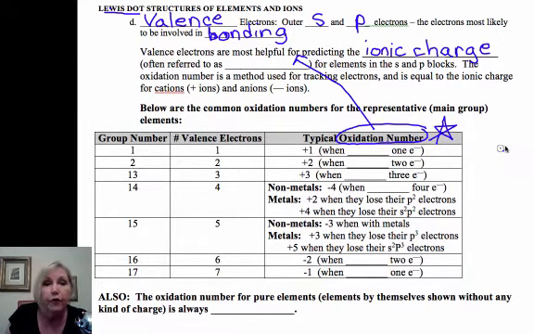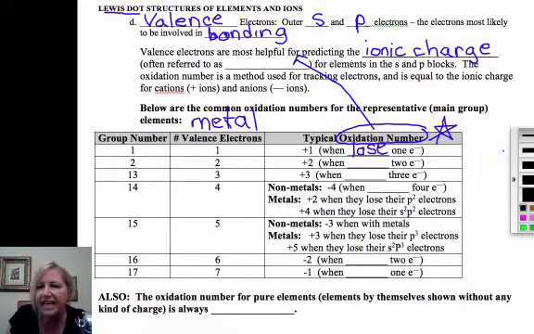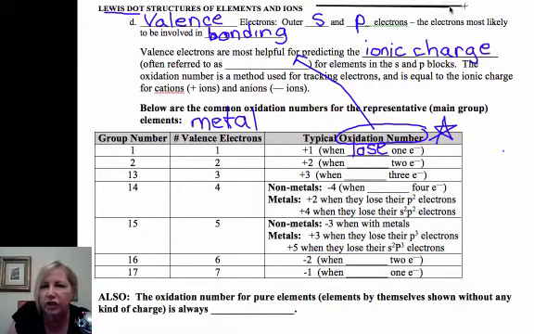Okay? Now, group one are metals. Now, I mentioned earlier that metals are losers, and they become +1 when they lose 1 electron. Now, because we're gaining and losing negatives, this can become a little tricky for some people. So if you will envision a number line, and that's 0 on the number line, what you want to ask yourself is, is it becoming more negative?